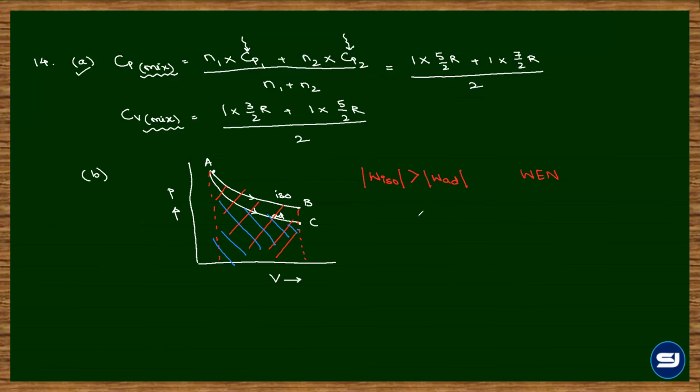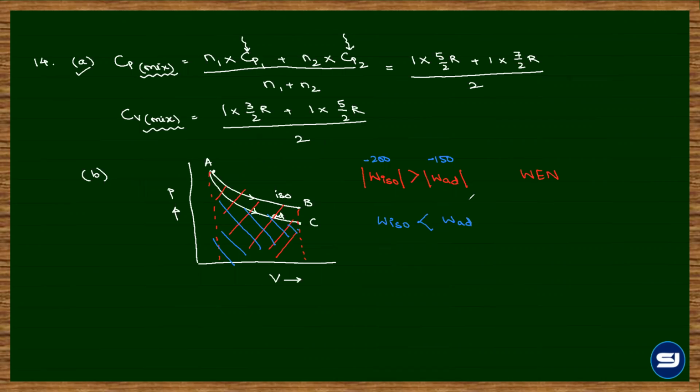Yes, sir. Suppose your isothermal work is -200 and the adiabatic is less, -150. So if we are not comparing with the mod, and we consider the sign, is the relation the same? No, it will be reversed.